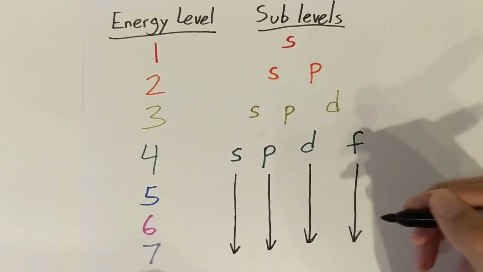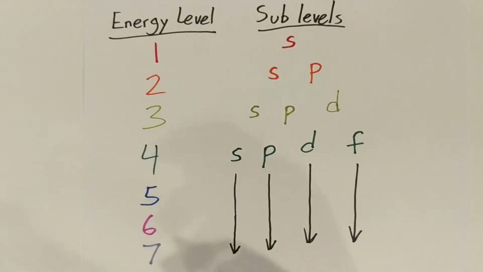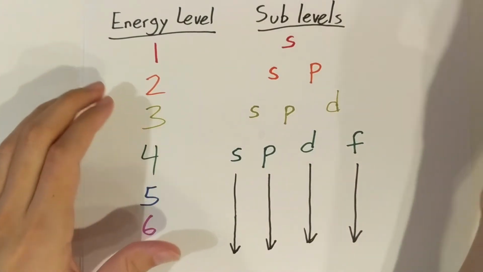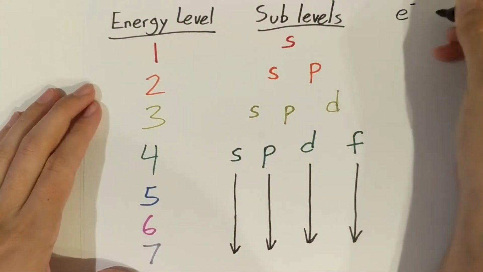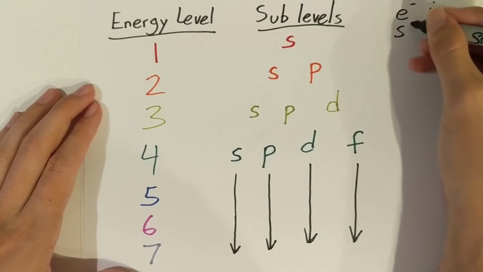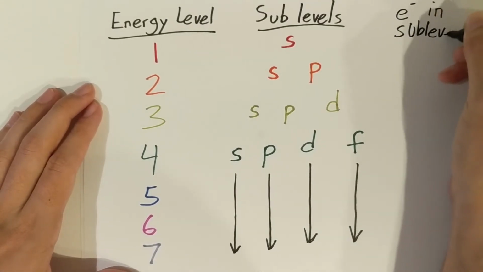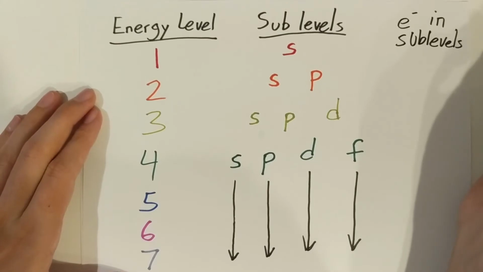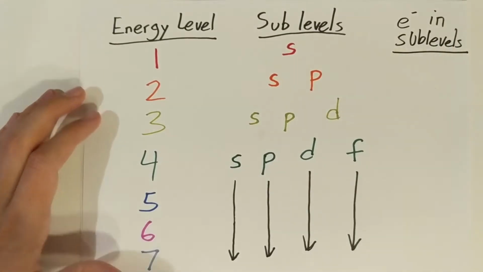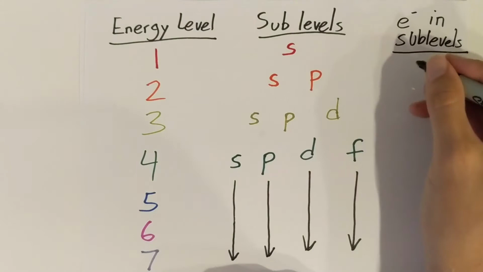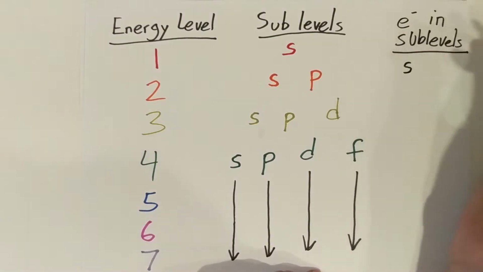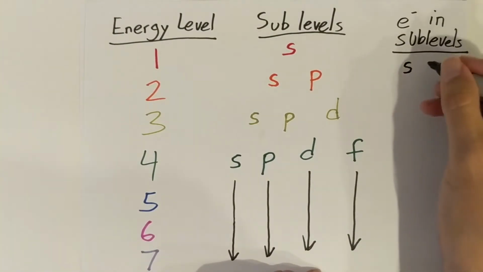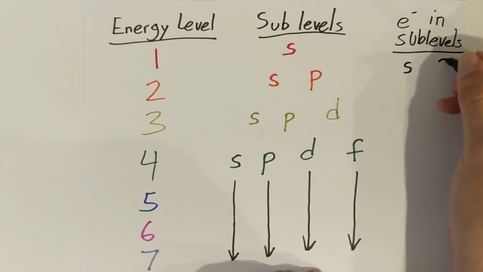So the next thing we need to know is how many electrons want to fill each sublevel. So if we want to look at electrons in sublevels, our smallest sublevel is S, and S can be filled with 2 electrons.